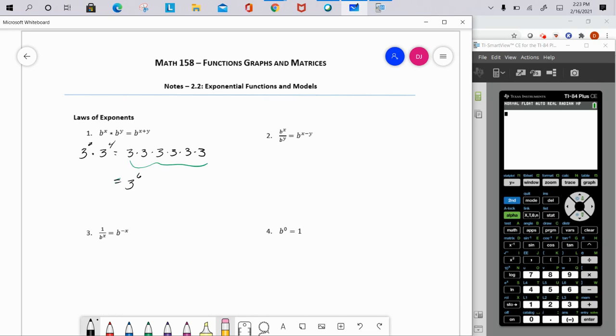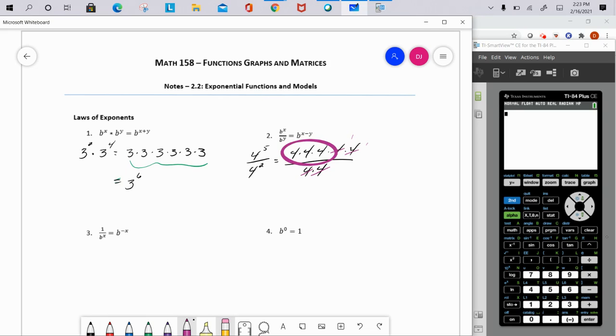B to the x divided by b to the y. Well, that would be like, let's suppose I have 4 to the 5th divided by 4 squared. 4 times 4 times 4 times 4 times 4, right? I'm multiplying by 4 in the numerator 5 times. I'm multiplying by 4 in the denominator twice. Well, now 4 divided by 4 is 1, and 4 divided by 4 is 1.